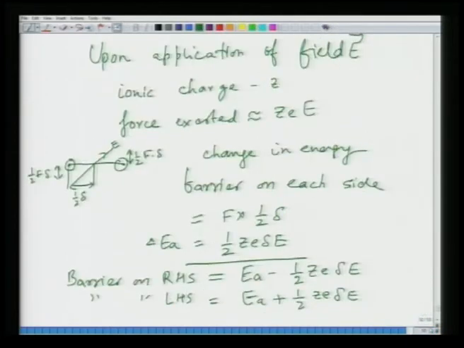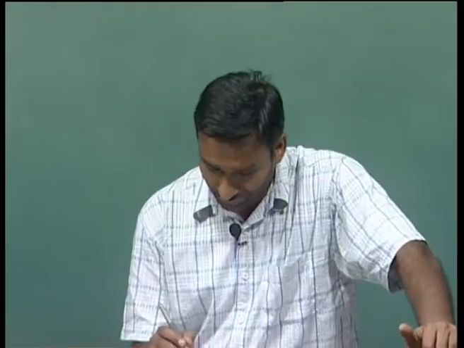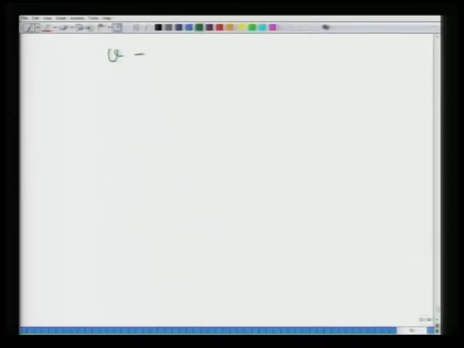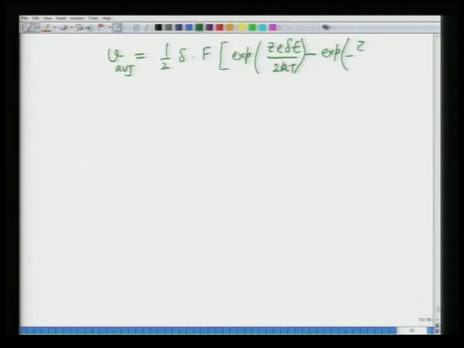So, when you open this up, you can now write V average as half of delta F into exponential of Z E delta E divided by 2 KT minus exponential of minus Z E delta E divided by 2 KT. So, this is what it has reduced to from the previous expression.